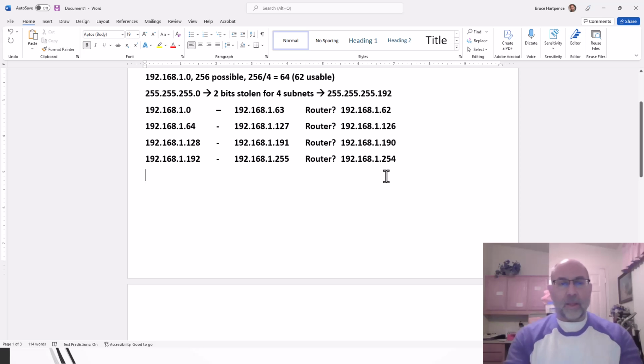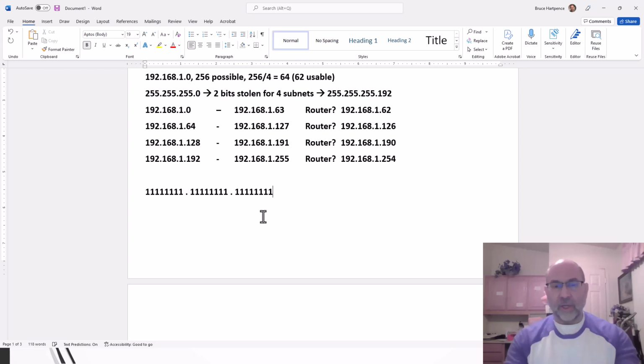If I take a mask like this, and I look at the mask and count 1, 2, 3, 4, 5, 6, 7, 8, 1, 2, 3, 4, 5, 6, 7, 8, and so on, we'll start with this.